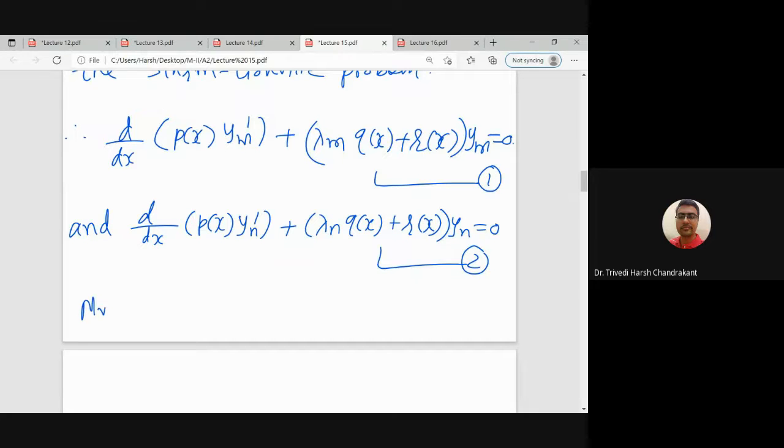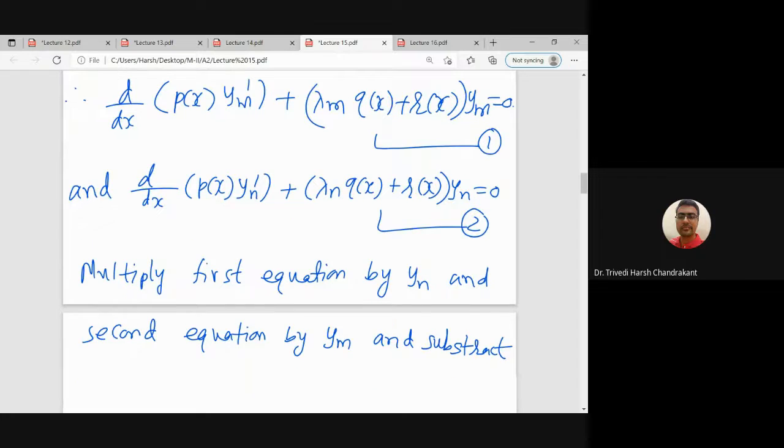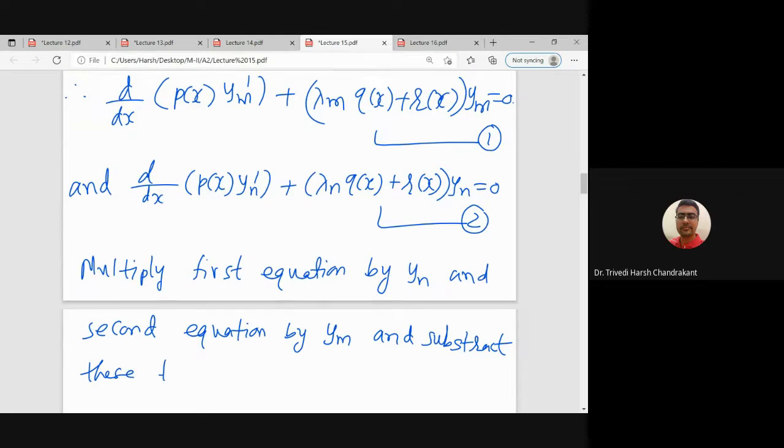So multiply the first equation by yn, and the second equation by ym, and subtract these two new equations.